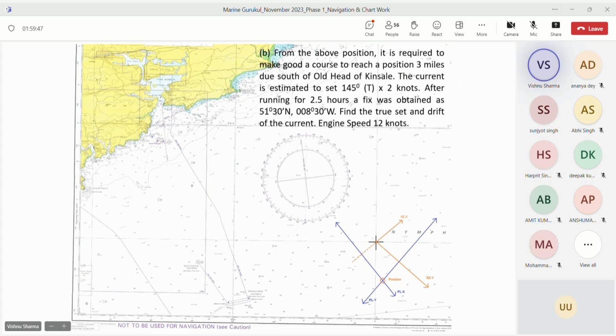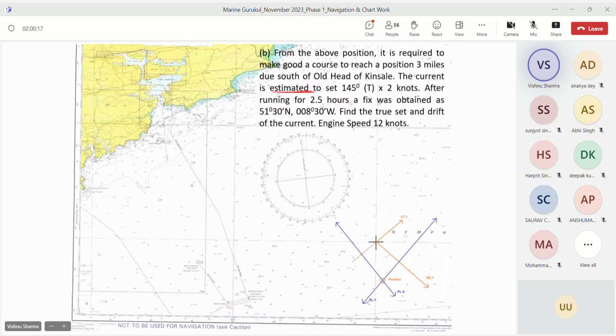The current is estimated to set, read the words carefully, after running for about 2.5 hours. On which course will you run for 2.5 hours, beta? The CTS that you get after counteracting the estimated current. Yes or no? Correct? Am I right? Yes, sir. Be careful about this question.